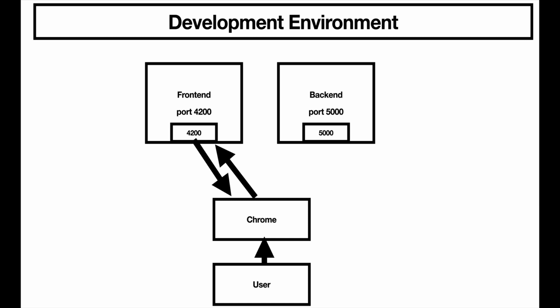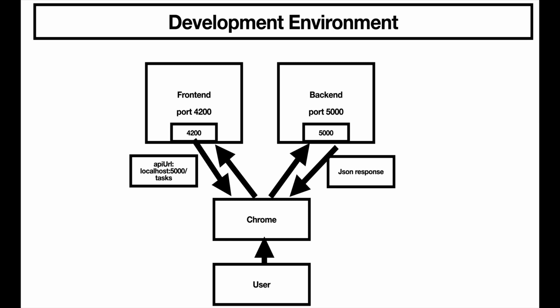It will return the screen that we see, and it is also going to tell the browser that the JSON response is coming from API URL localhost at 5000/task. Chrome goes to the backend server at port 5000 and gets the JSON response back, and it will display it on our screen. That's how it works for the development environment. That's why we can have direct access to port 5000.